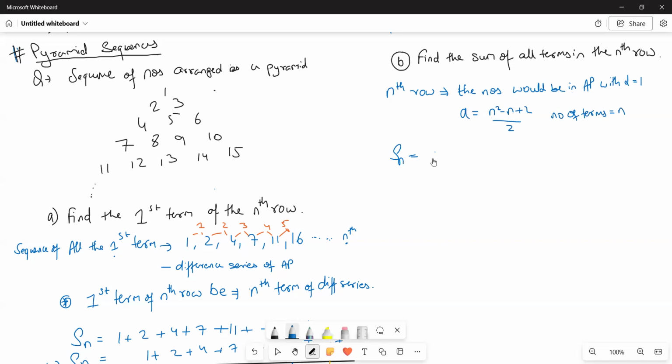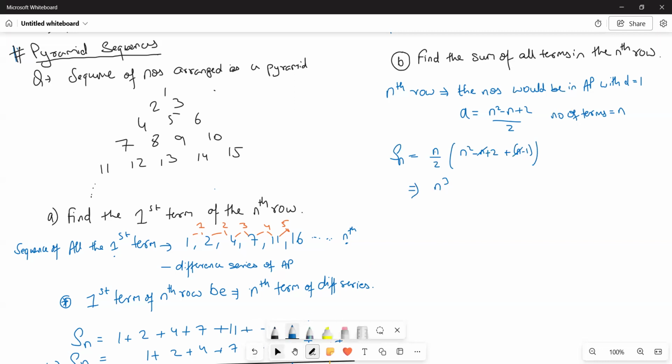So Sn for the nth row will become n by 2 into 2a. तो n square minus n plus 2, 2 कैंसिल हो गया यहाँ पे, प्लस n minus 1 d, and d is 1. तो ये बेसिकली 1 ही कर लो इसको. तो ये आ जाएगा. तो ये n और ये n कैंसिल हो गया, which will give us n cube.